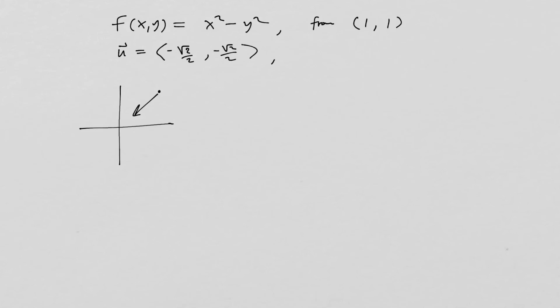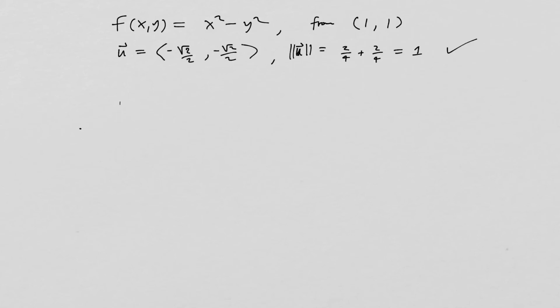Okay, let's just check to make sure that's correct. That should be pointing down in that direction. And u, in fact, is going to be equal to 2 over 4 plus 2 over 4, which is equal to 1. Okay, good. All right, so that's the direction we want to go.